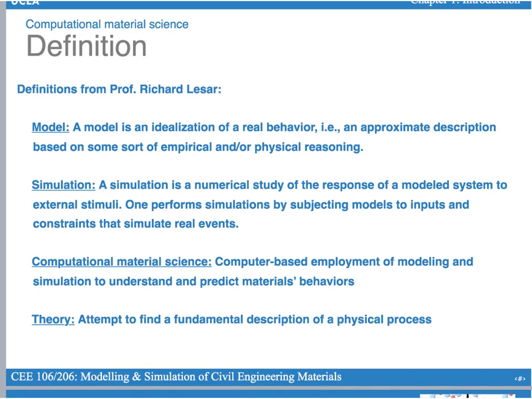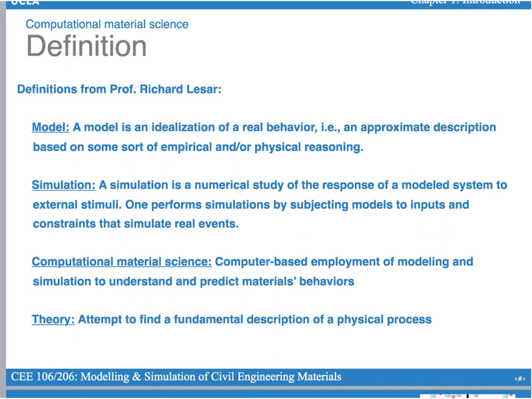Then once you have the model, either it can be solved analytically or it cannot. In that case, you can use simulation to solve it numerically. So a simulation is a numerical study of the response of a model to an external stimulus.